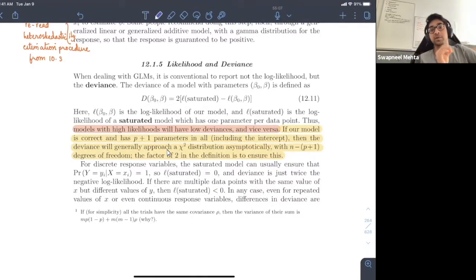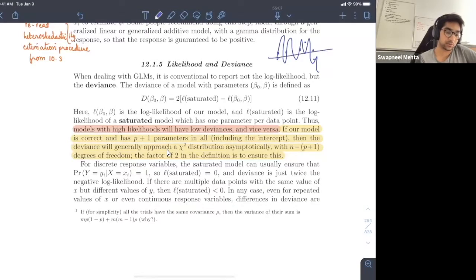And by saturated, you mean you give one parameter per data point, which means if you see a data set like this, you might actually estimate something super complicated because you have one parameter per data point. Whereas for a linear model, you would probably do something like that. So this complicated model will have the highest likelihood for the data.